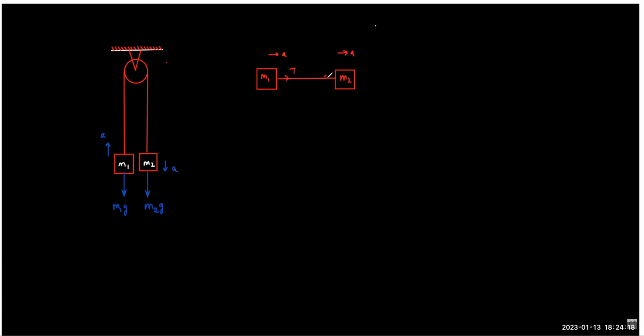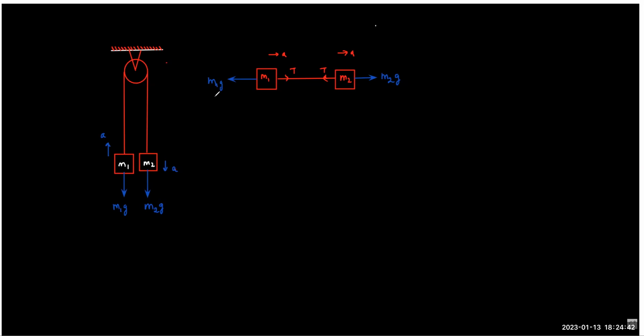And the tension is T. Now there is a concept called system. First of all, tell me, the two masses M1 and M2 are moving with the same acceleration in that way, isn't it?